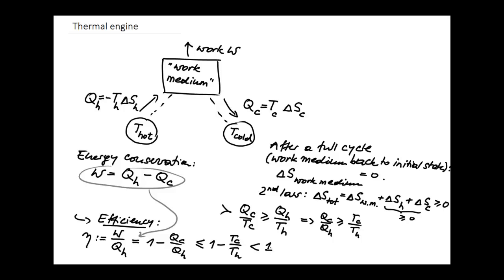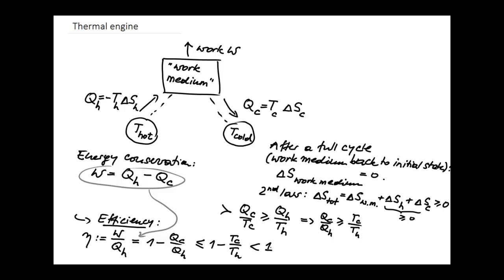So by the second law of thermodynamics, no matter how the engine is constructed in detail, it's impossible to construct an engine that perfectly converts to 100% the heat received from a hot reservoir into useful mechanical work. There will always be a fraction of the heat received that the engine will have to give away to a cold reservoir where it is lost, where it cannot be used and transformed into mechanical work.